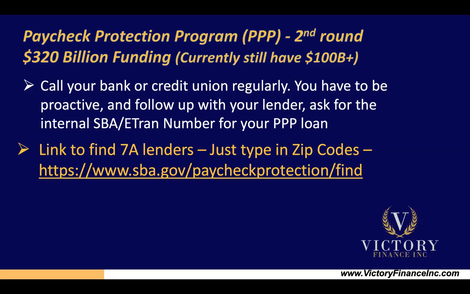Okay. And if you need other lenders, the 7(a) lenders, all you need to do is go to sba.gov/paycheckprotection/find, and you put your zip code there, and a lot of lenders will show up.